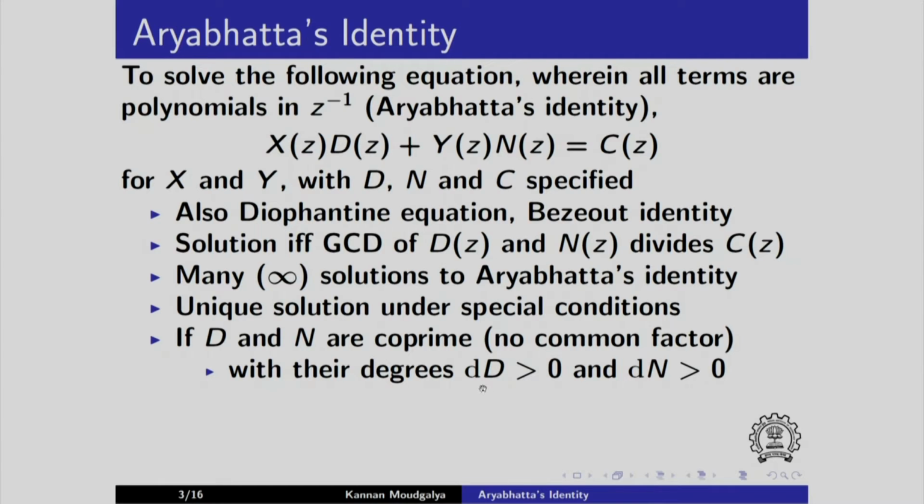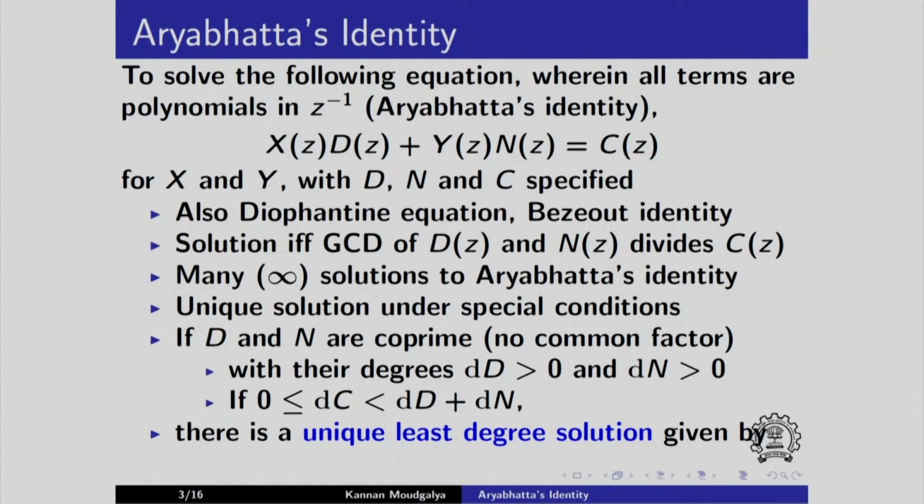Degree is indicated by small d followed by that variable. So dd is the degree of the polynomial d, similarly for n, and if the degree of c is strictly less than these two degrees combined, and this dc has to be greater or equal to 0, then we get a unique solution.